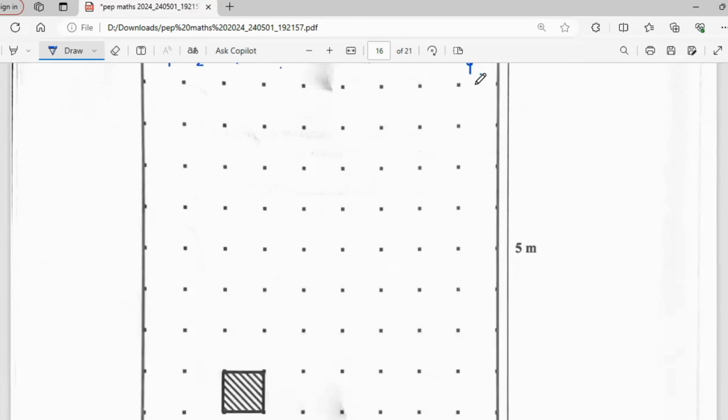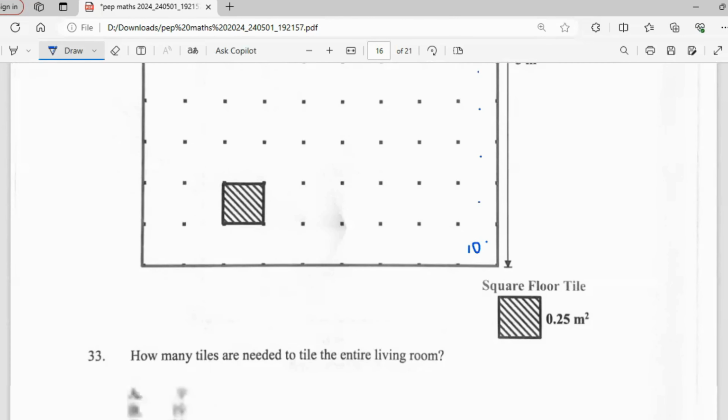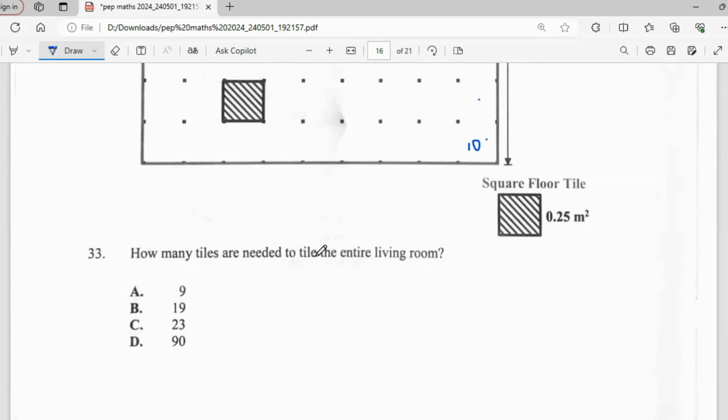And this is 1, 2, 3, 4, 5, 6, 7, 8, 9, 10. 10 tiles can fit along this side. So how many tiles are needed to tile the entire living room? We'll just multiply 9 times 10, which is 90, so we'll get 90 tiles.